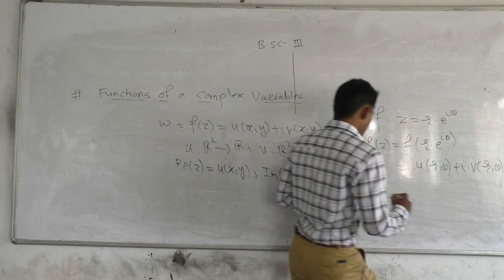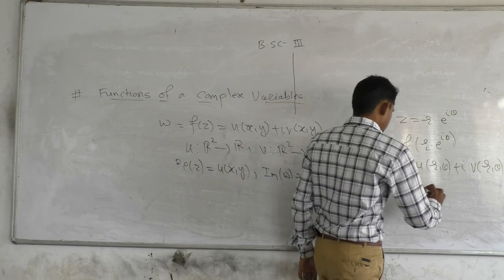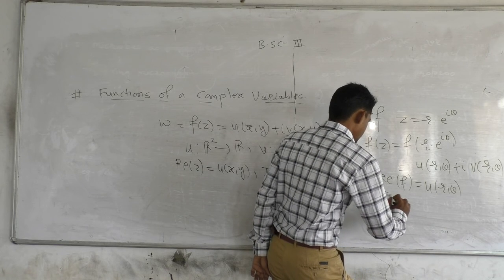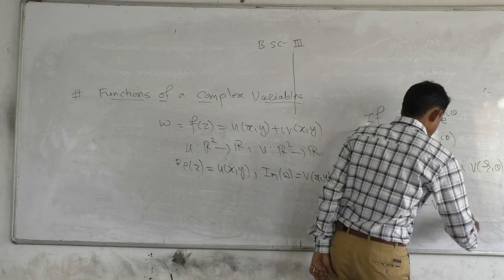Now, the real part of f is u of r,theta and the imaginary part of the function f is v of r,theta.